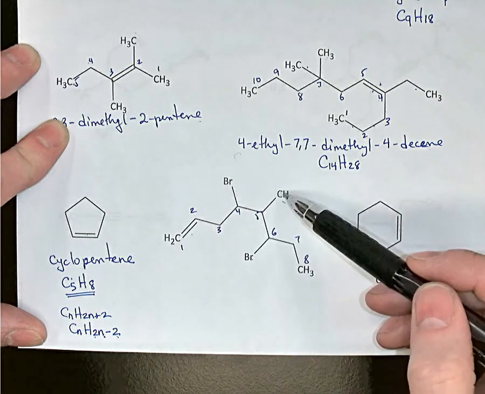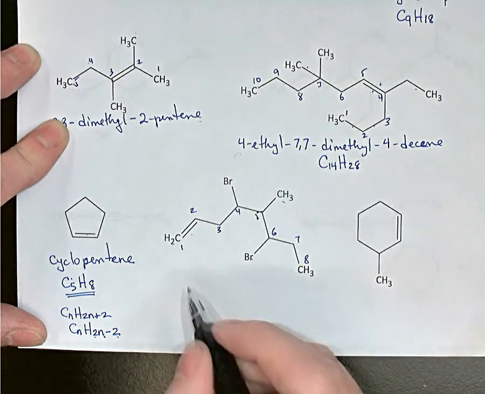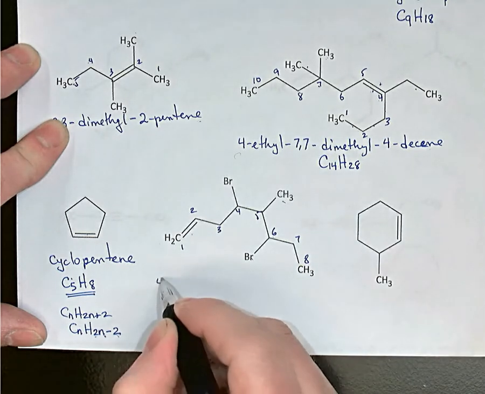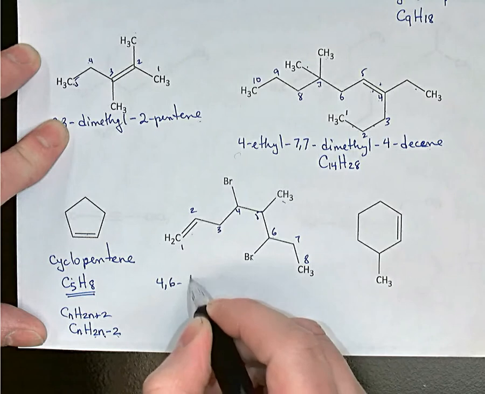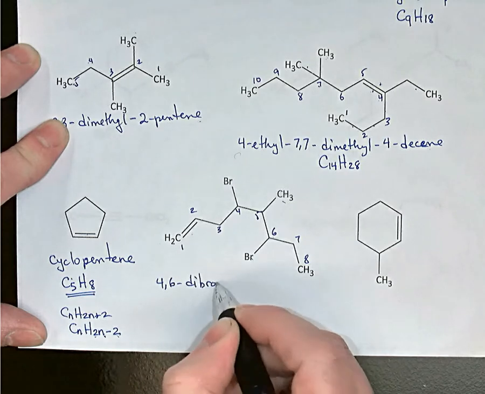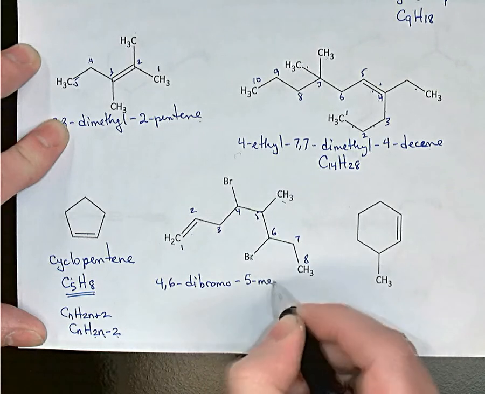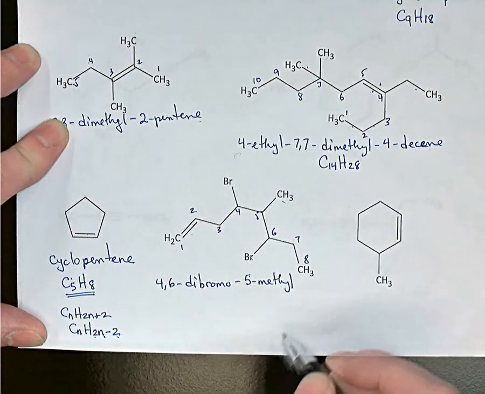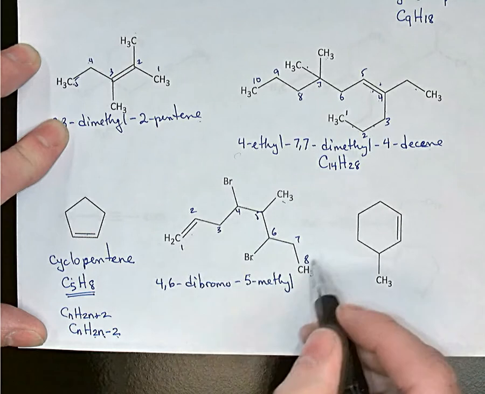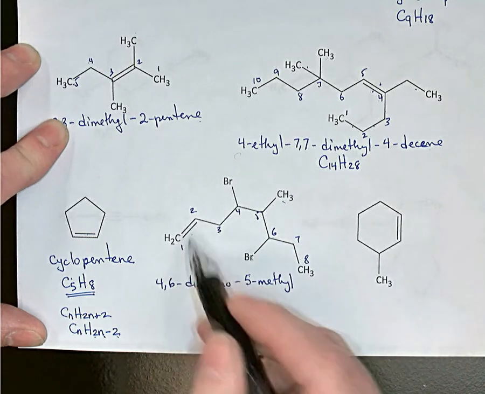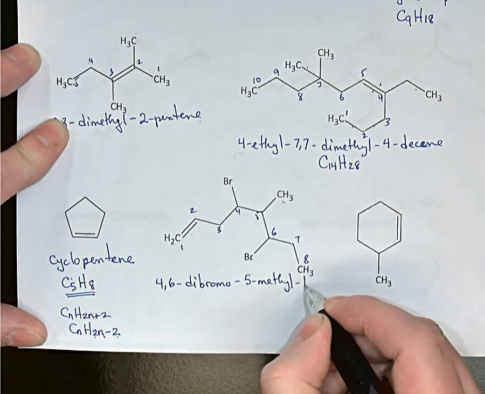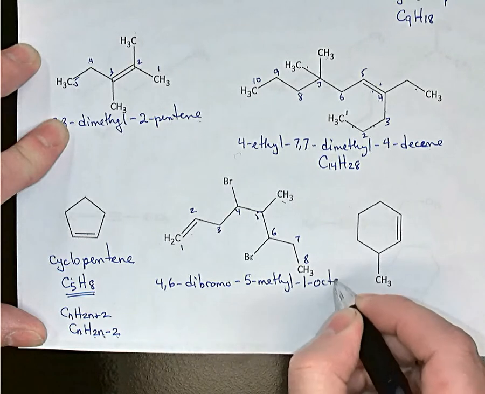Bromo will come before methyl alphabetically, so this will be called 4,6-dibromo-5-methyl, and then the octene is the parent, and it was the first bond, which was our double bond, so -1-octene.